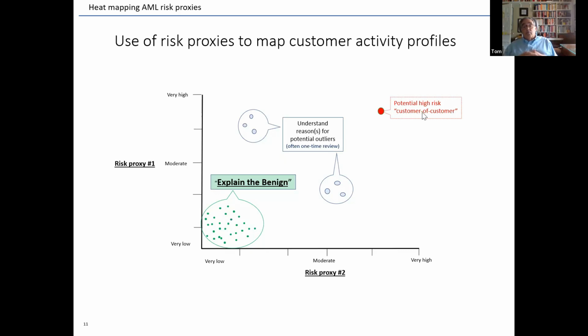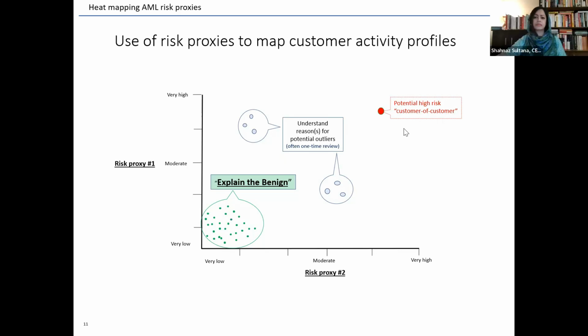And those are the ones where, at some point, you need to have a risk baseline. You say, look, I can't tell enough about this customer to be able to vouch for them, and I'm not going to jeopardize the rest of my customer base to hang on to this customer.